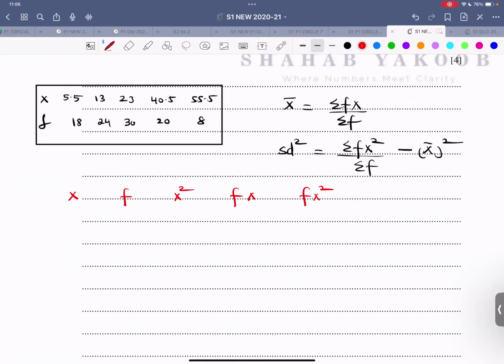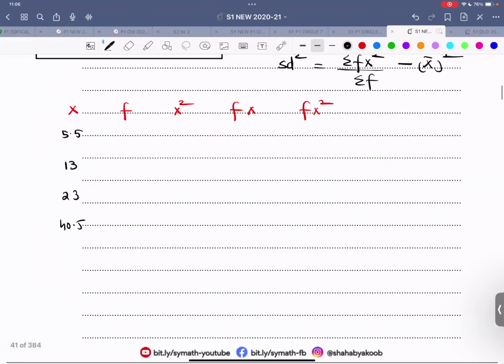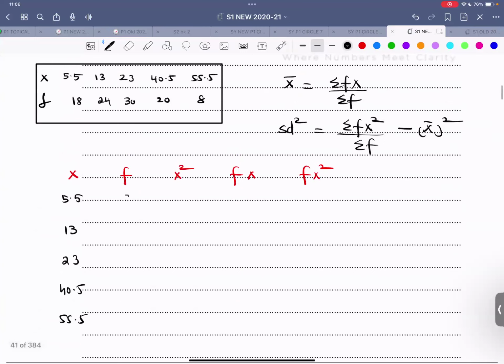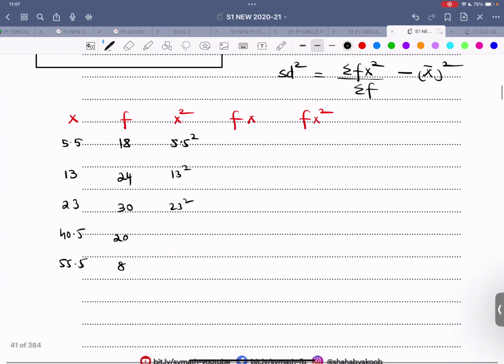So first of all, I'll write over here 5.5, 13, 23, 40.5, and 55.5. And the corresponding frequencies, that is 18, 24, 30, 20, and 8. X square, just square each value: 5.5 square, 13 square, 23 square, 40.5 square, and 55.5 square.